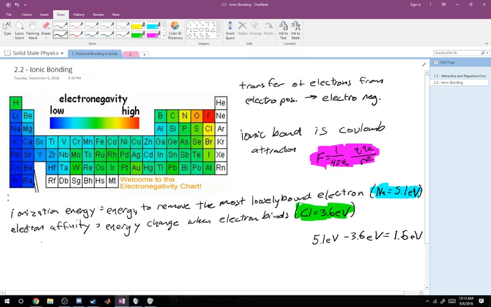So this is actually referred to as the total ionization energy. Actually, the book doesn't state it as the total ionization energy. It just says ionization energy, but that's not really correct. So I state it as the total ionization energy, because ionization energy is here. It's energy to remove the most loosely bound electron. So the total ionization energy is basically the ionization energy minus the electron affinity.